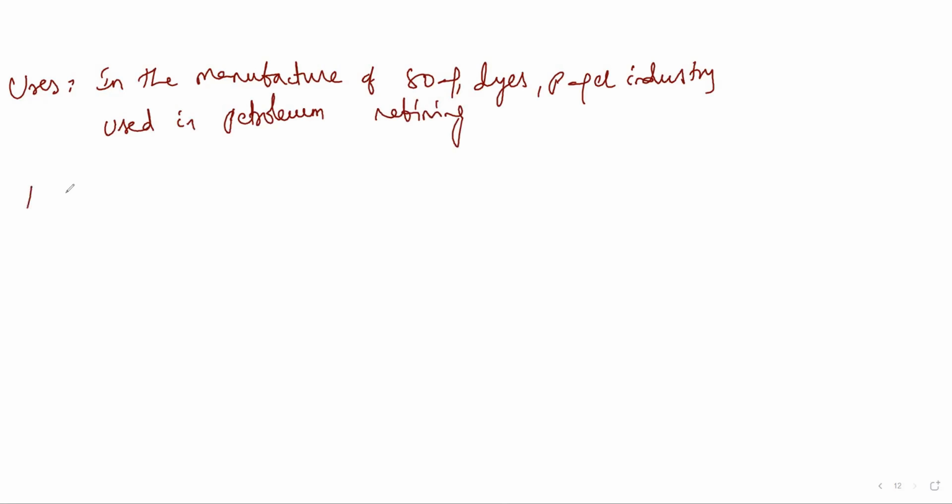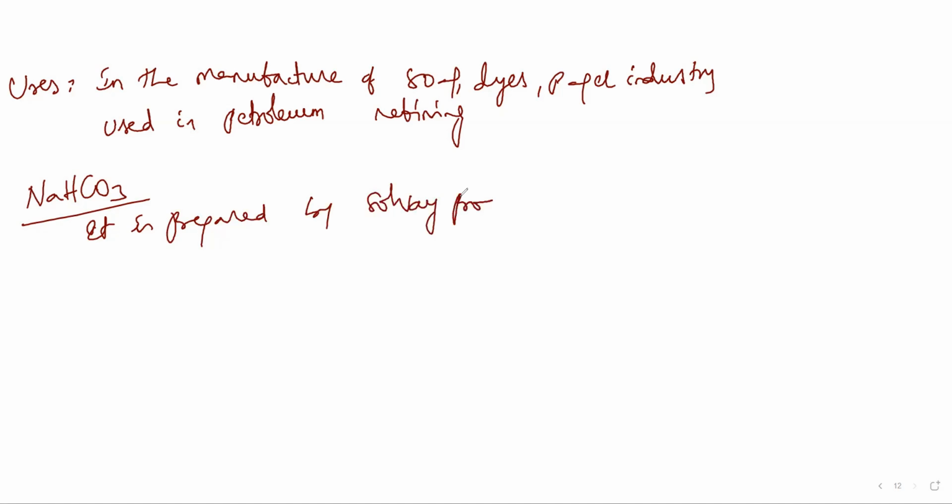Next compound, NaHCO3. It is prepared by Solvay process. Okay, and where it is used? Uses. It is also known as baking soda.